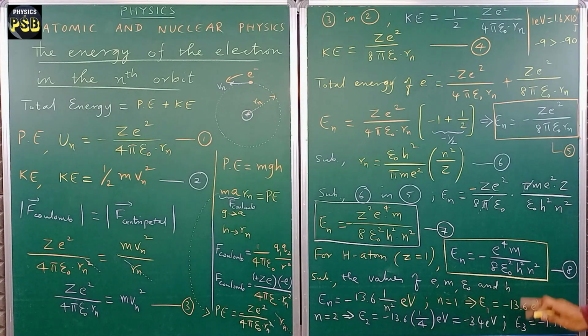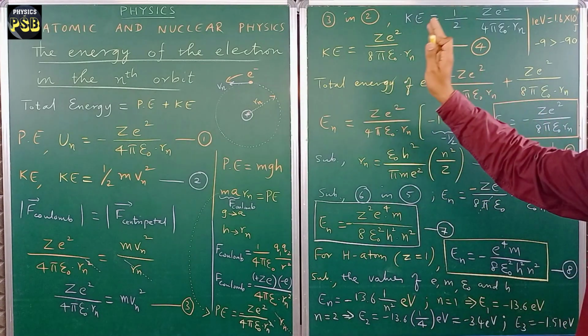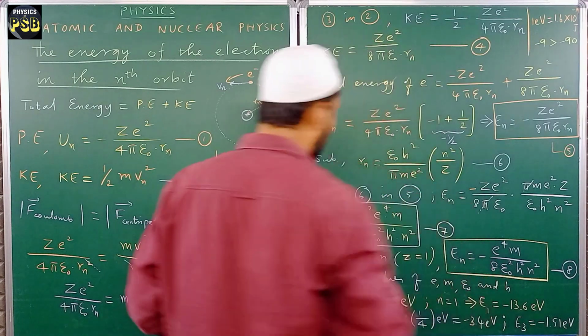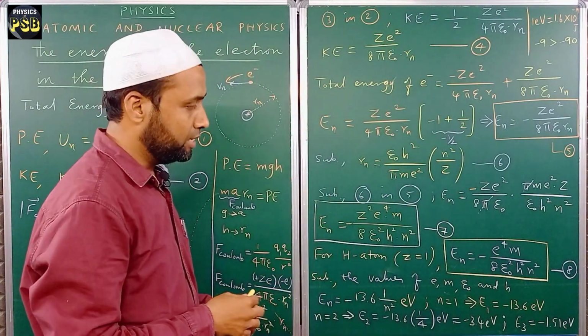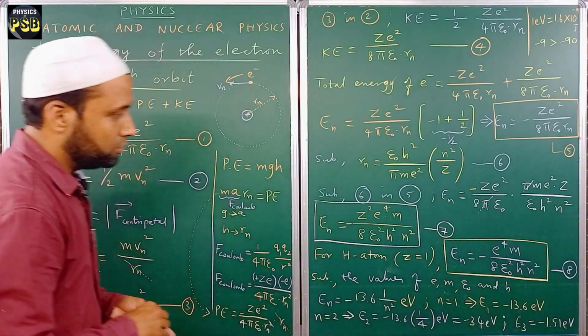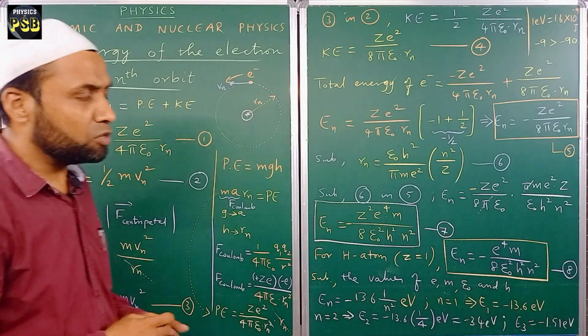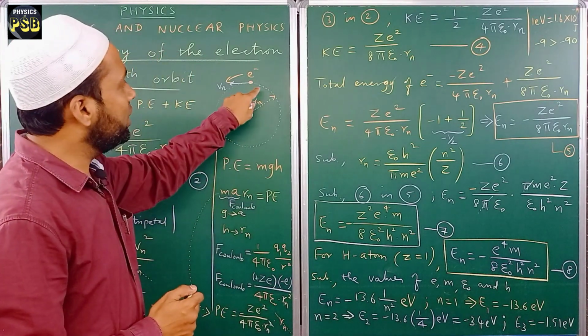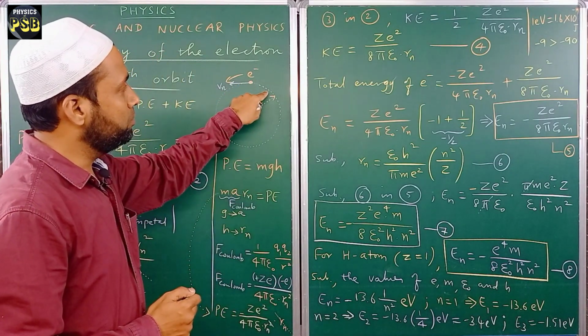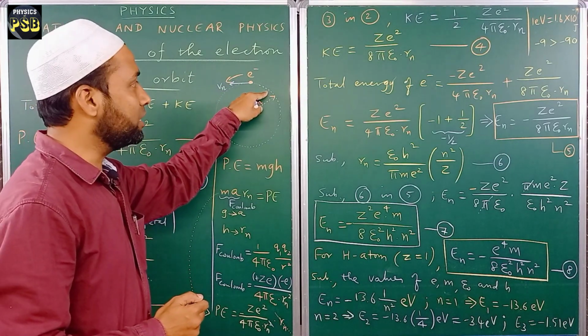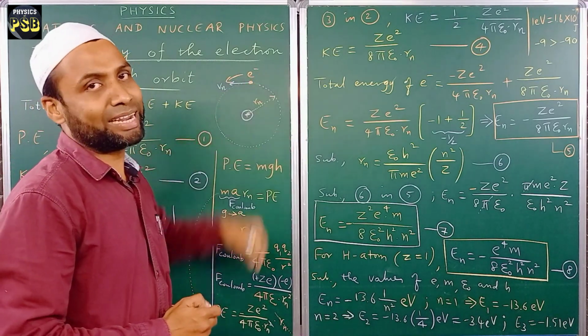Clear? This shows that as we go away, the energy of the electron increases. So we can conclude that the energy of the electron present in the ground state is lesser than that of the excited states.